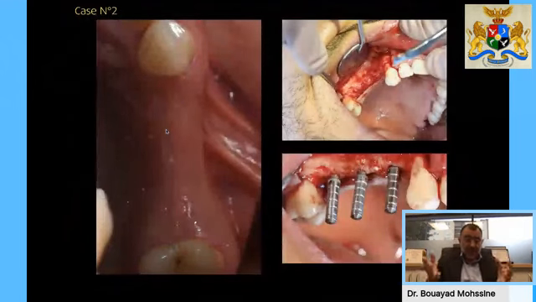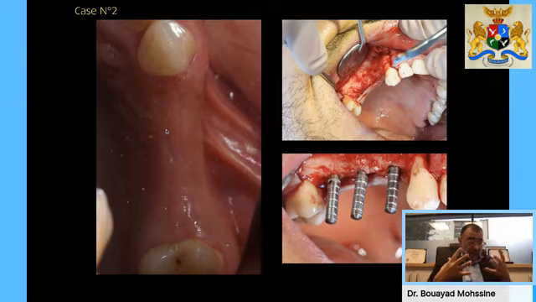In this case, we have to appreciate the volume of hard tissue and soft tissue. We can appreciate this thickness of gingiva.